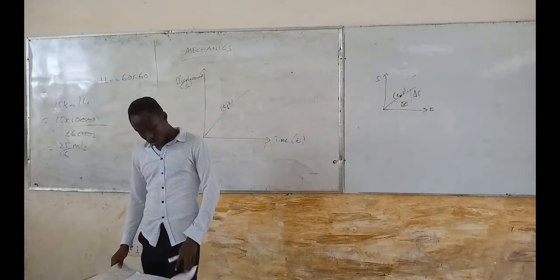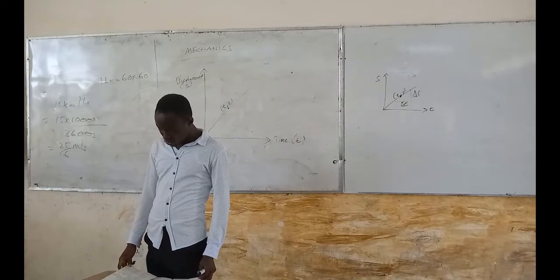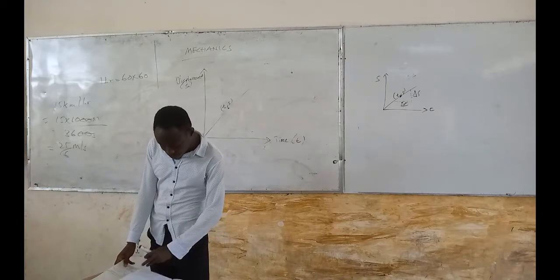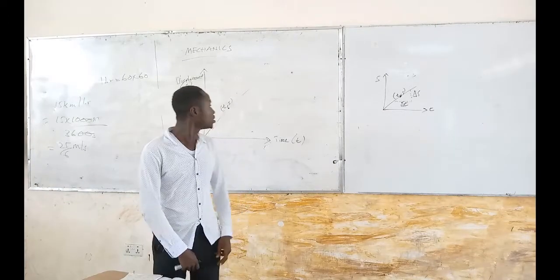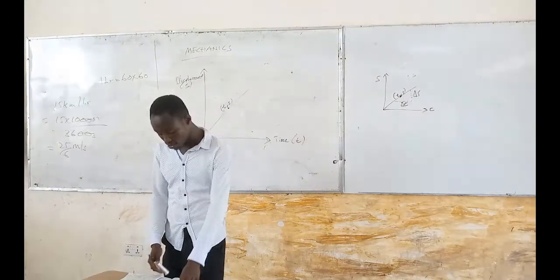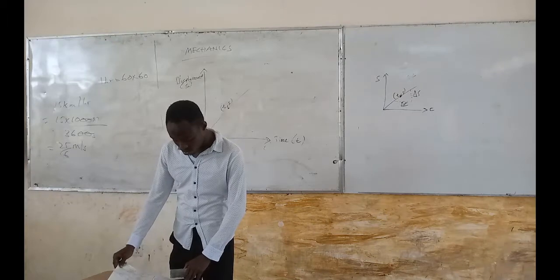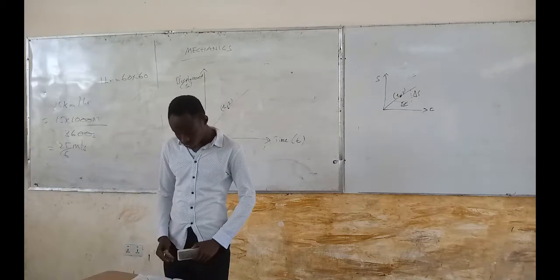Let's proceed. Now let's also look at the velocity time graph. Draw it and write the caption velocity time graph.